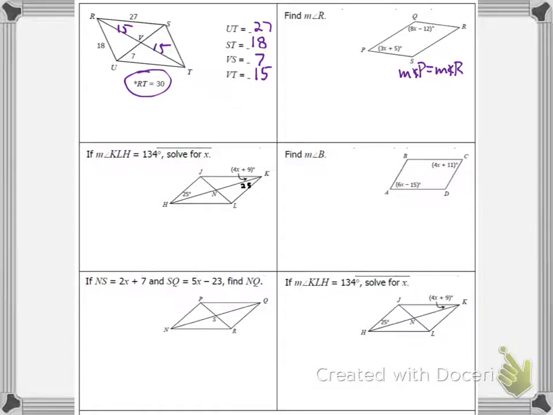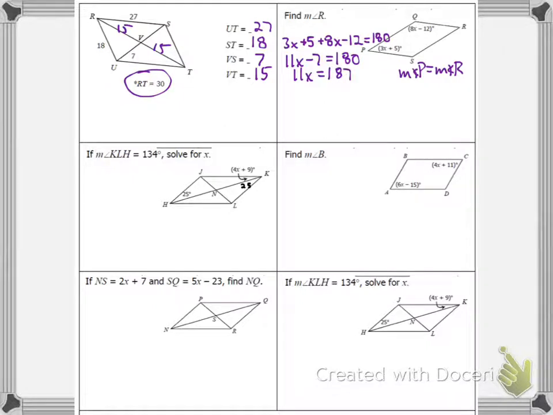Now, these two angles, Q and P, are supplementary because they're next to each other. They're consecutive angles. So we're going to go 3x plus 5 plus 8x minus 12 equals 180. That's 11x minus 7 equals 180. 11x equals 187.